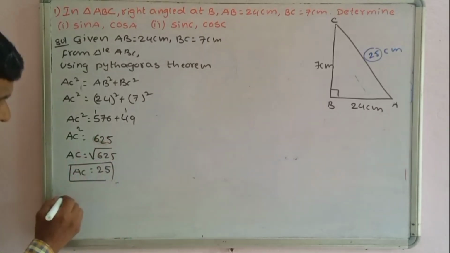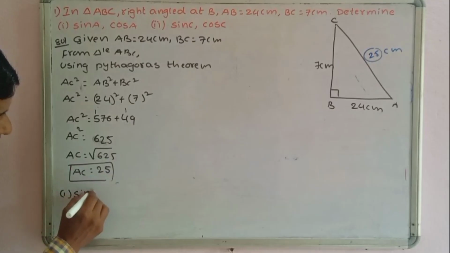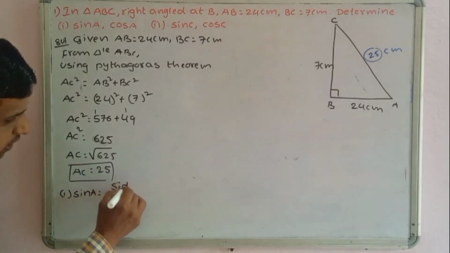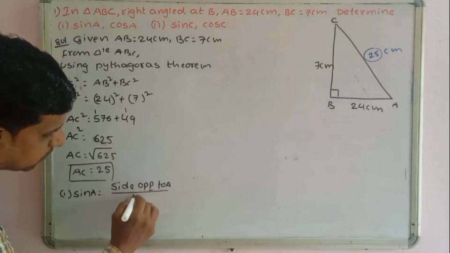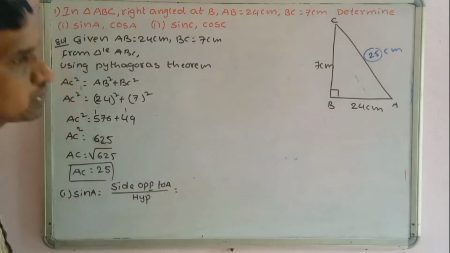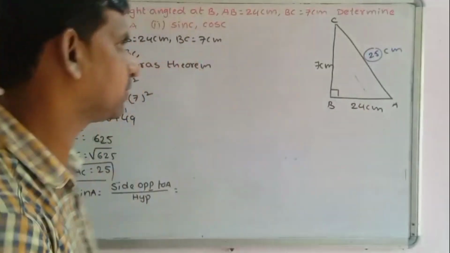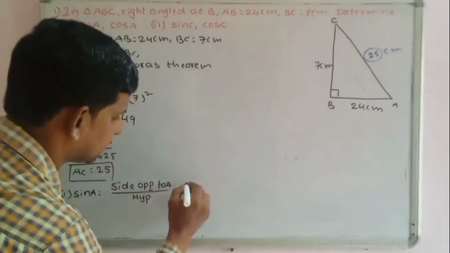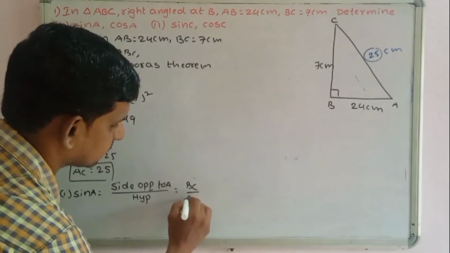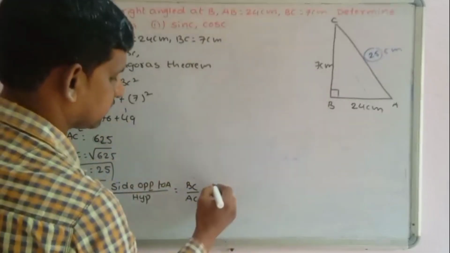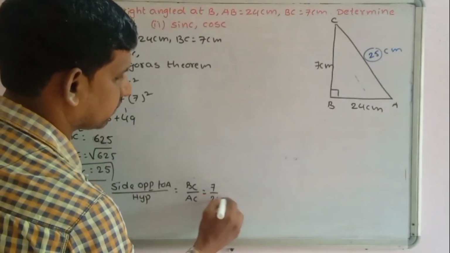Now first one, sin A. Sin A means side opposite to A over hypotenuse. Side opposite to A is BC, hypotenuse is AC. BC value is 7, AC value 25.